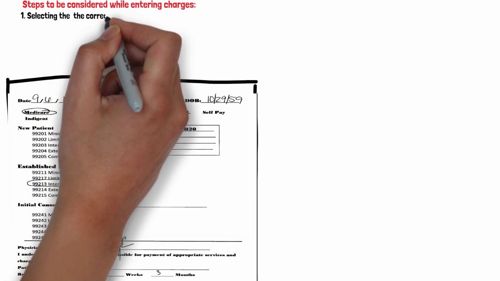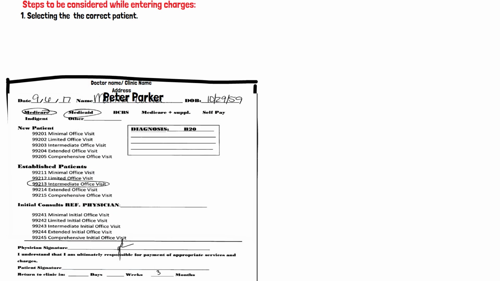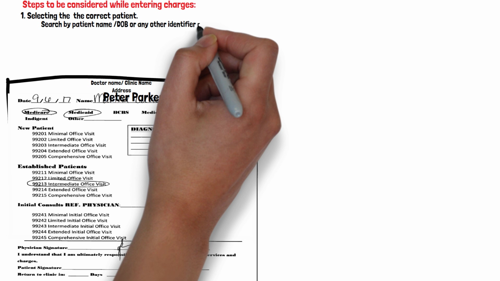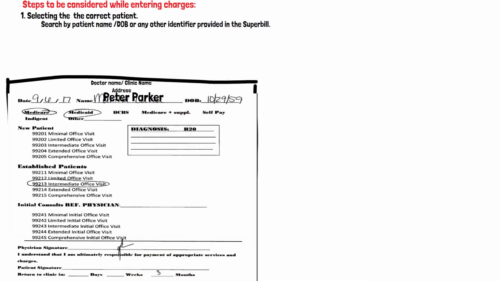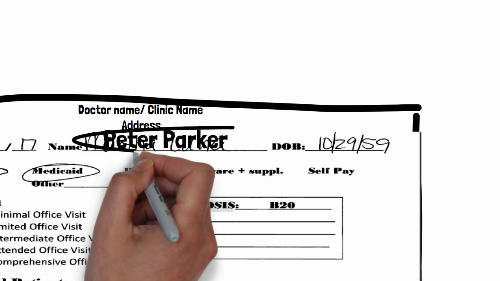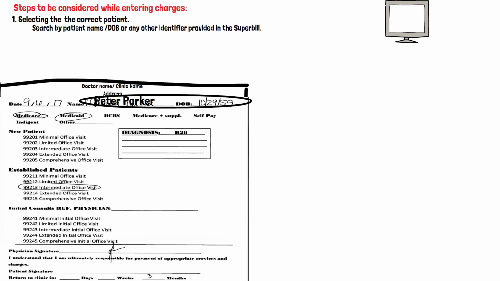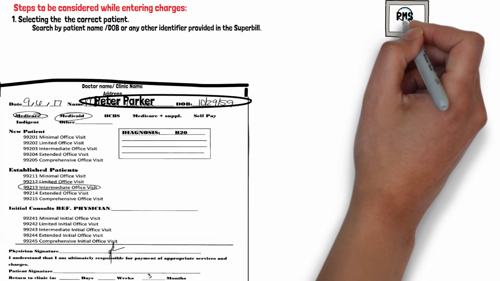Now the first step is selecting the correct patient. In order to do this, we need to search the patient as per the details provided on the super bill, with the patient's last name or the date of birth.